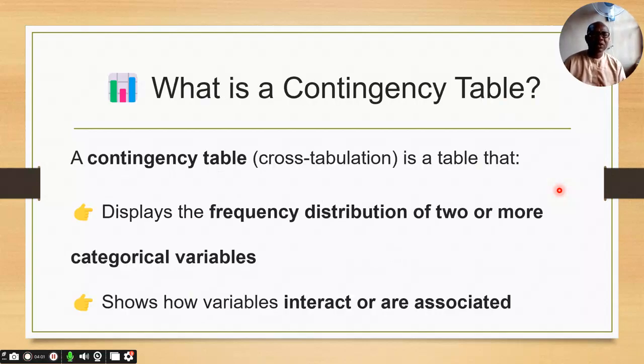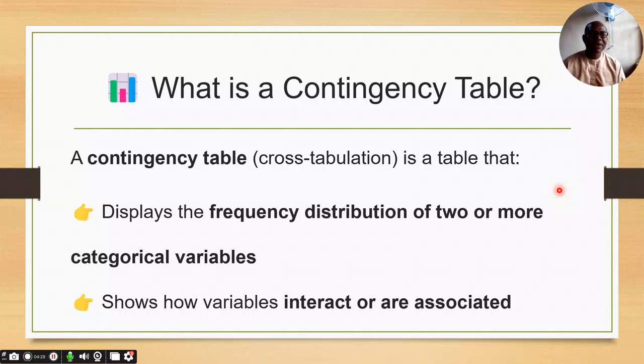Now, the next thing we're going to talk about is the concept of contingency table. The contingency table is an integral part of chi-square statistics because it is a frequency distribution table that helps us to explain the pattern of our categorical variables. We display our frequency distribution in two or more categorical variables.